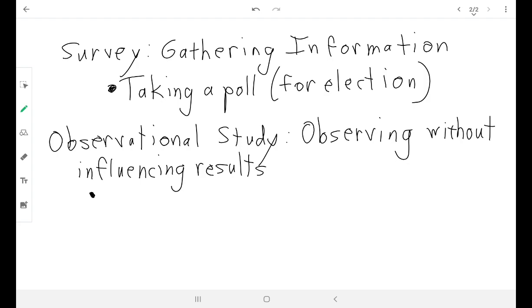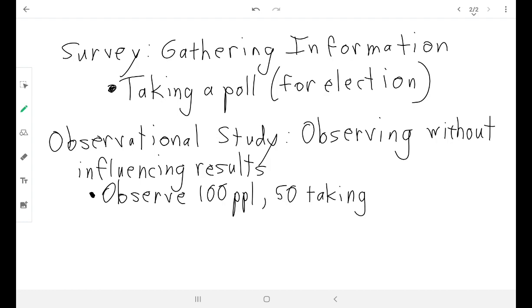So an example of doing that might be, let's say you observe a 100 people and 50 are taking a new treatment or any sort of treatment at all.